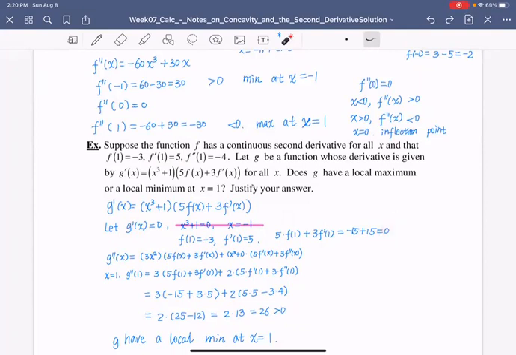Now we want to plug x equals 1 into the double prime and check if it is positive or negative. So the question comes to how we find this derivative.